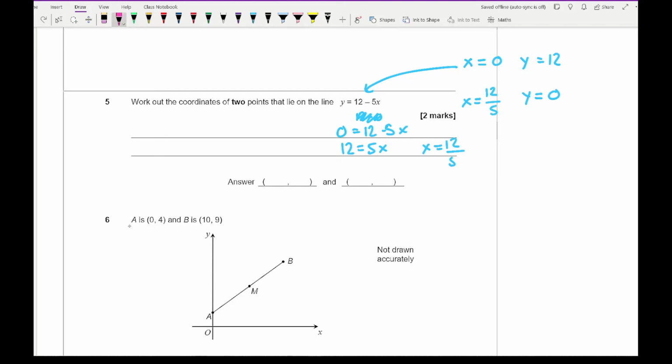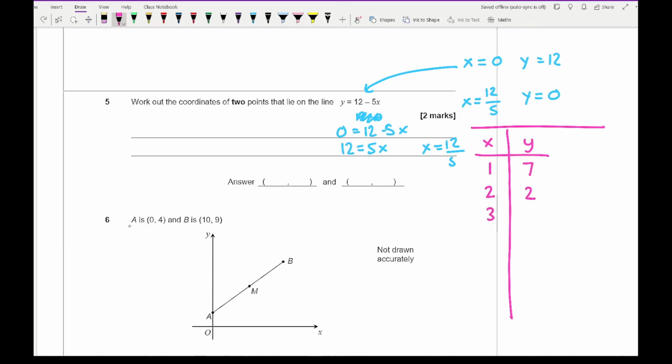Now, again, another option you could do is basically just randomly pick any values of x and work out what the y is going to be. So when x equals 1, we've got 12 minus 5 times 1, which is 5. 12 take away 5 is going to give me 7. When x is 2, 2 times 5 is 10. Take away from 12 is 2.